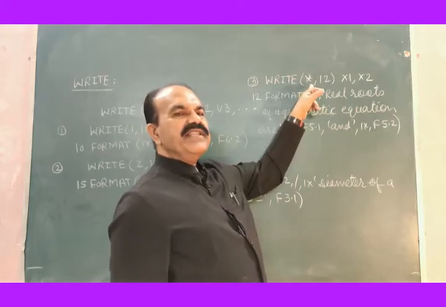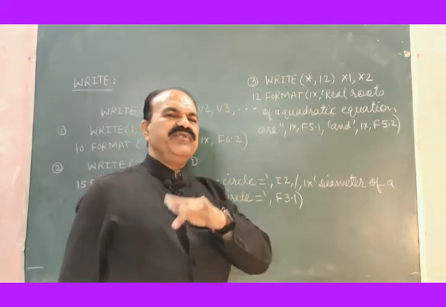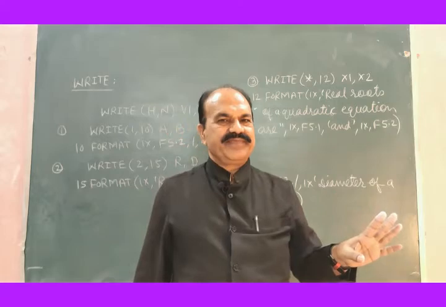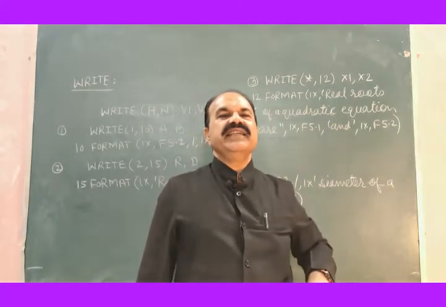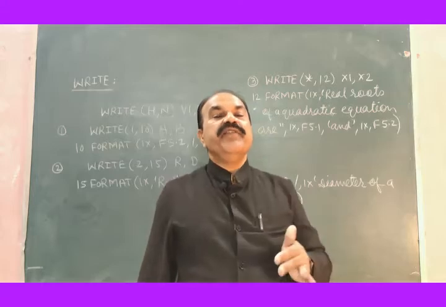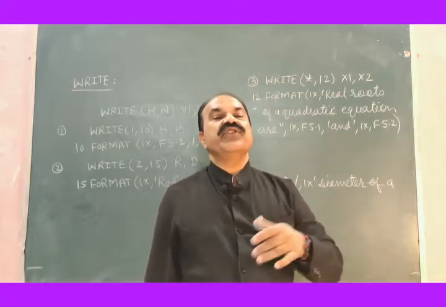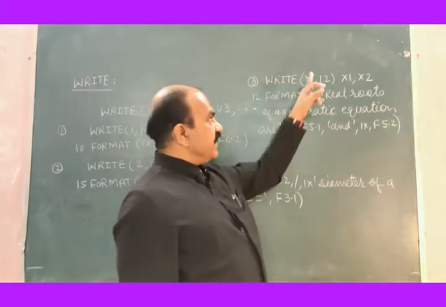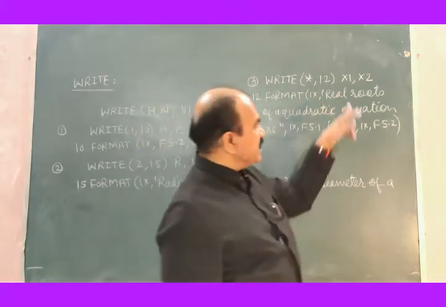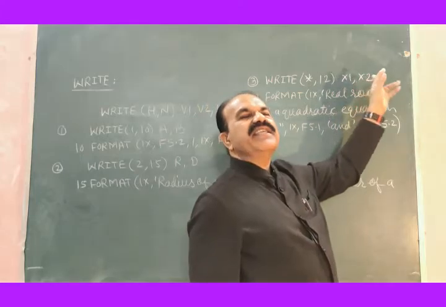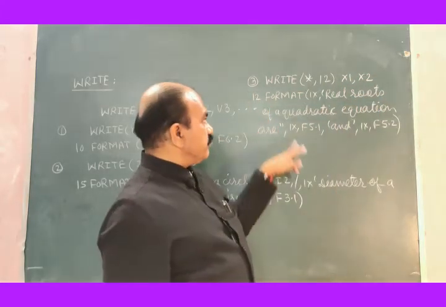Instead of writing the hardware numbers, just put an asterisk, meaning that it will be the default output device for the output. 12 is the statement number of the format statement, and the variables are x1 comma x2.